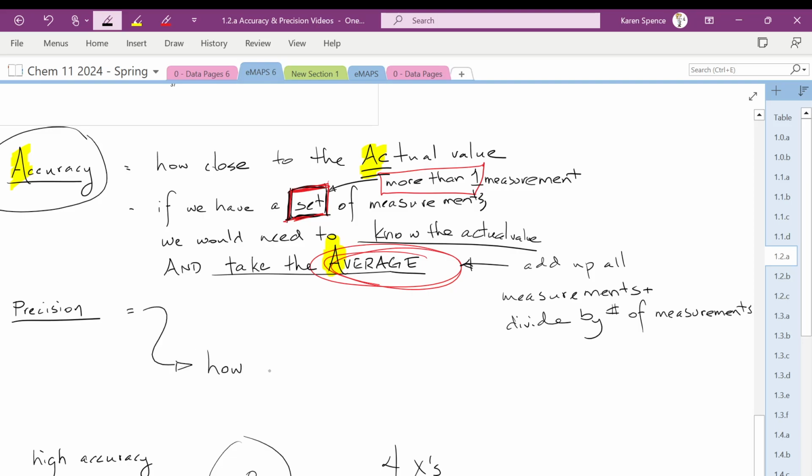So again, it's how close, and in this case, it's a set of measurements are to each other.